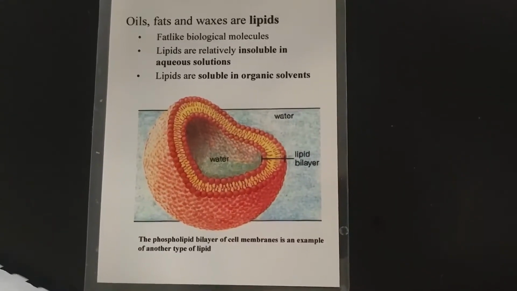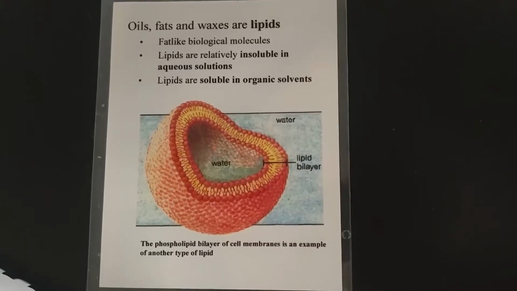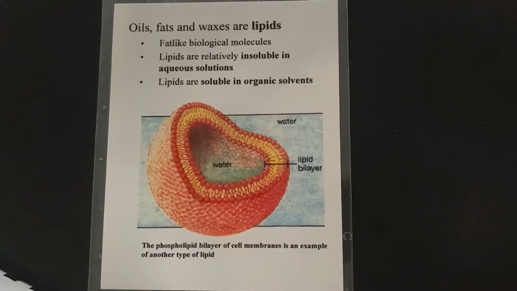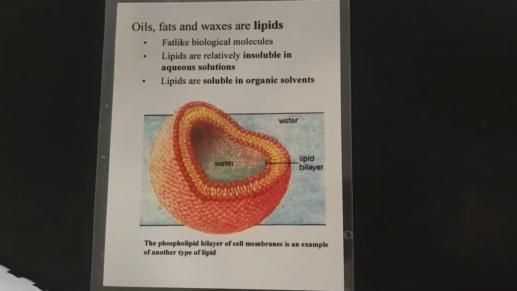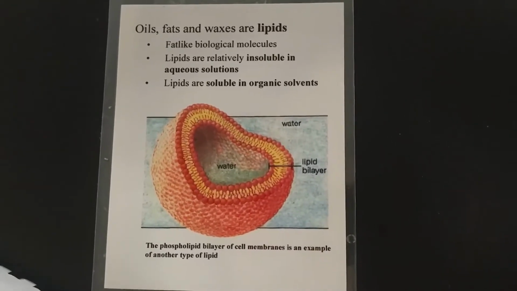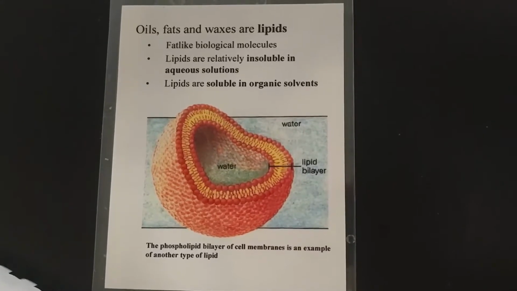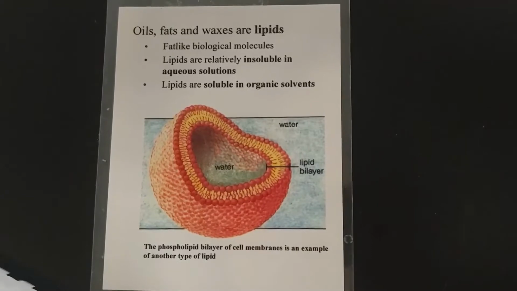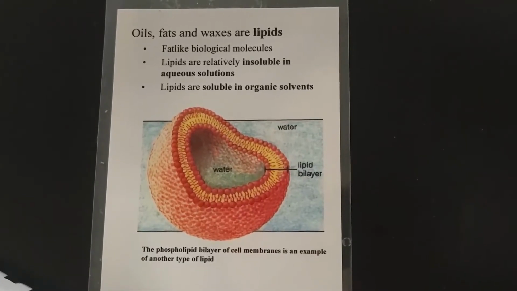So they are fat-like biological molecules, typically insoluble in water. And you see that lipid bilayer, and there are the hydrophilic heads on the outside with the hydrophobic, or water-fearing, tails on the inside.